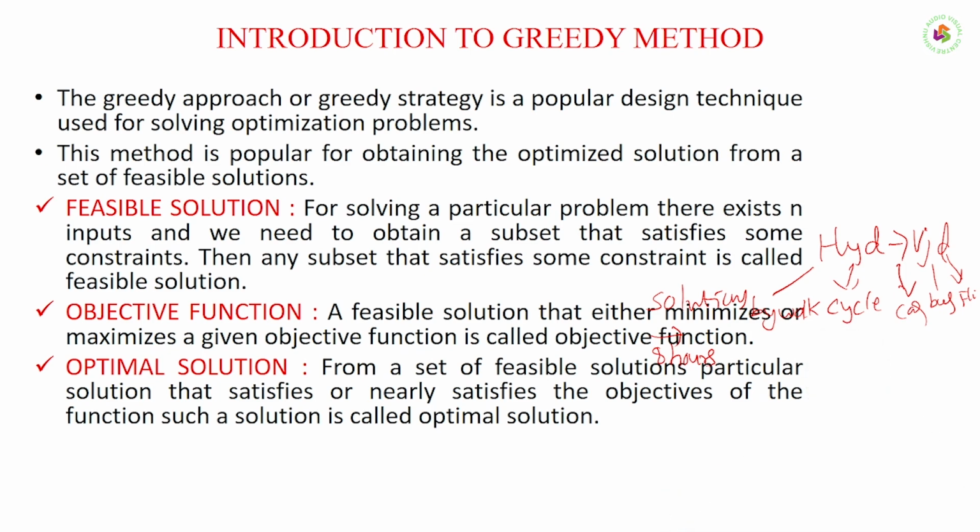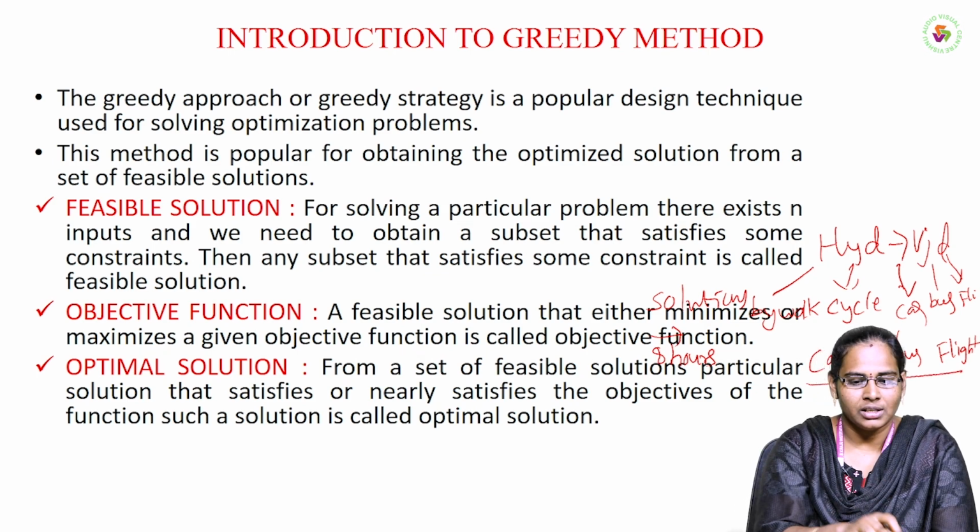Now the possibilities are car, bus, and flight. So these are the possible solutions when I apply that constraint of within 8 hours. These 3 possible solutions are called feasible solutions.